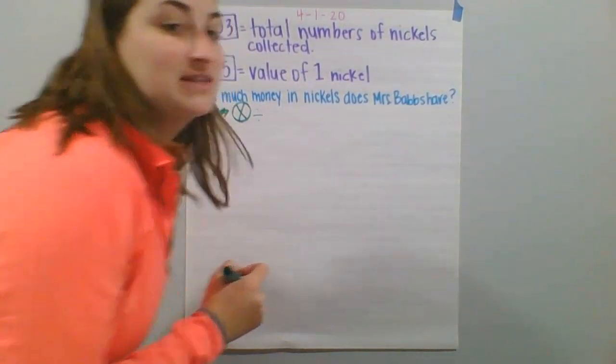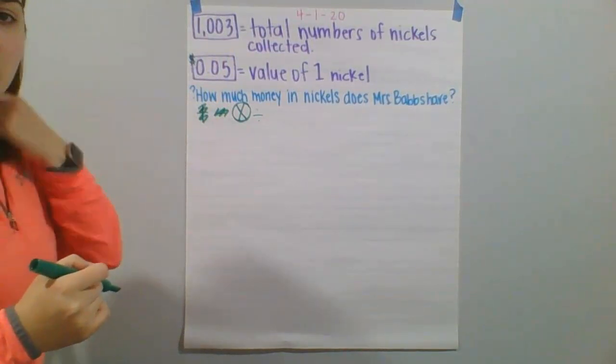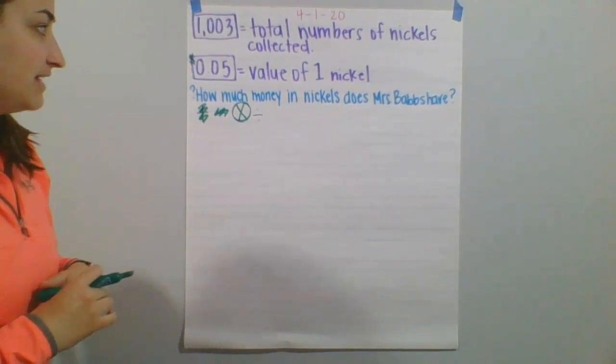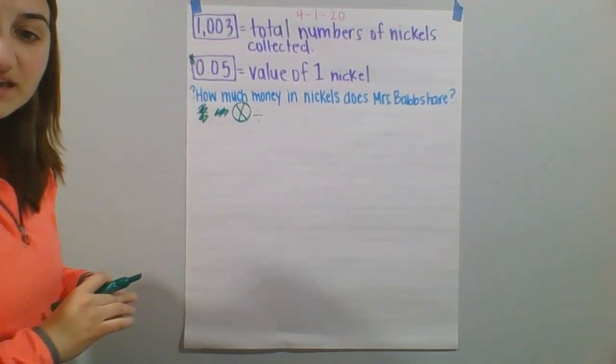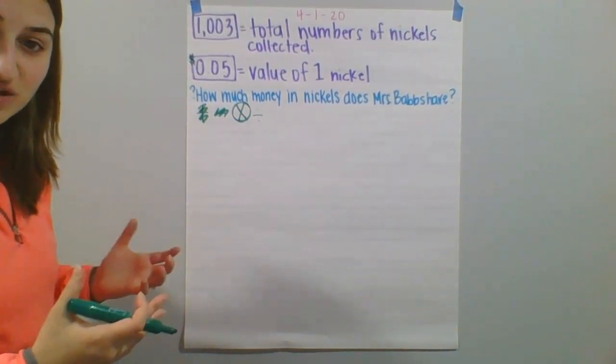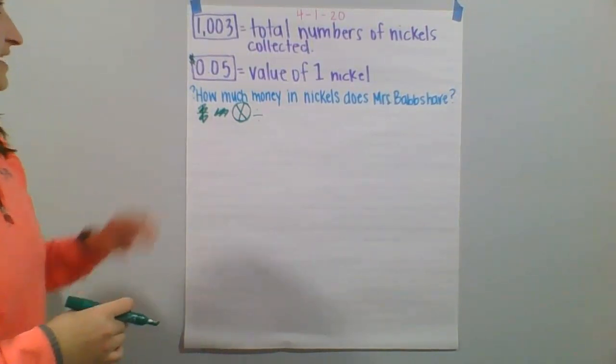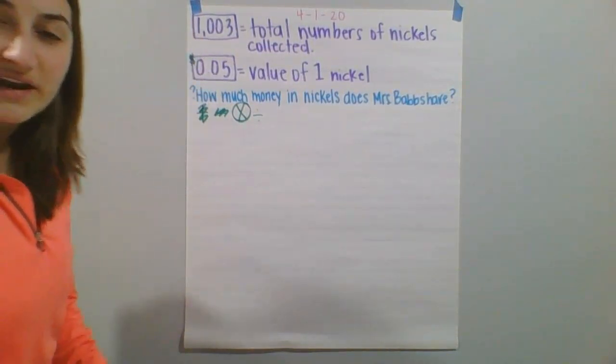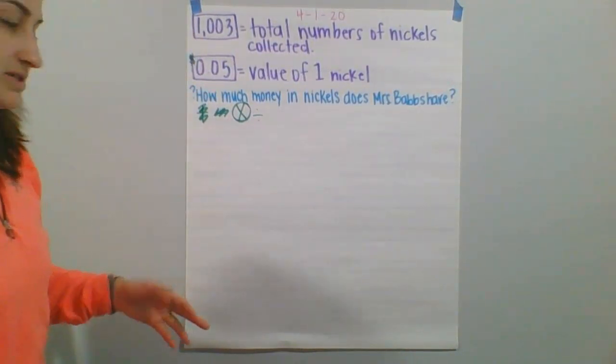There are several different ways that we can multiply this problem. I'm going to start out with lattice because I think lattice is one of the easiest ways to multiply large numbers together, especially when we have all sorts of different strategies that we're going to have to be doing on top of just multiplying.